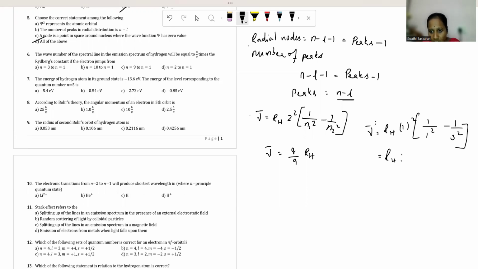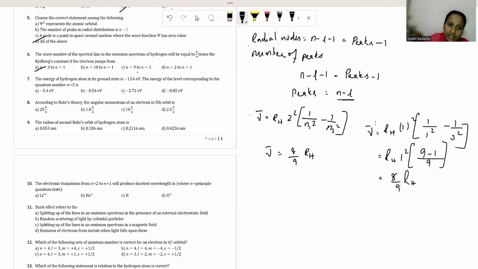RH times 9 minus 1 by 9, which is equal to 8 by 9 of RH. So hence option A is correct for the sixth question. It can't be n equal to 10 and n equal to 1. If it is this, then what will happen? Basically 100 minus 1, 99 by 100, you would get in this case. So that is also wrong.